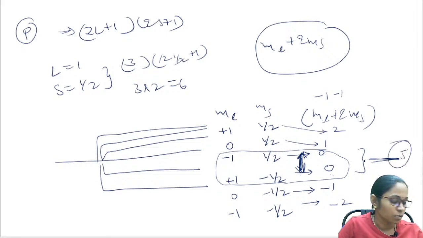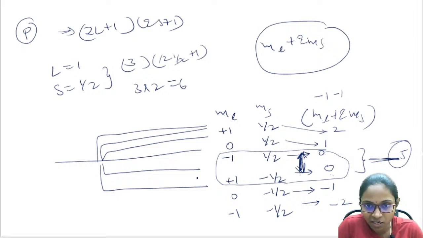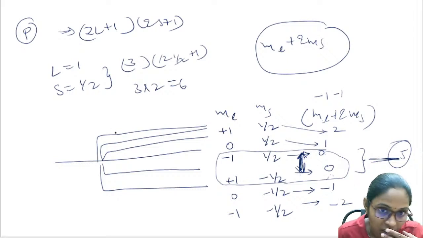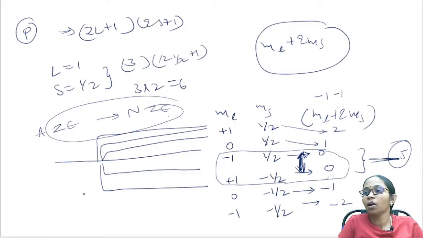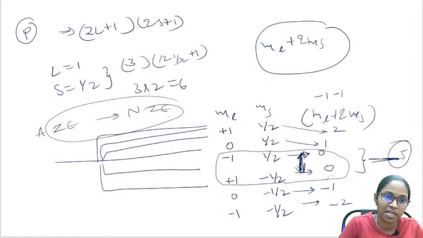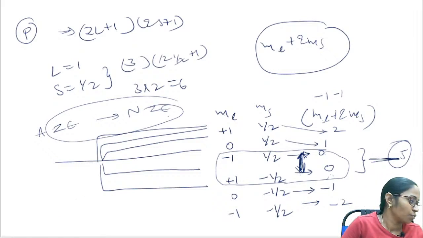Okay, so in this way, as the external magnetic field is further increased, remaining levels will also merge with each other, and finally this anomalous Zeeman effect will change into normal Zeeman effect. Okay, this is known as Paschen Back effect.